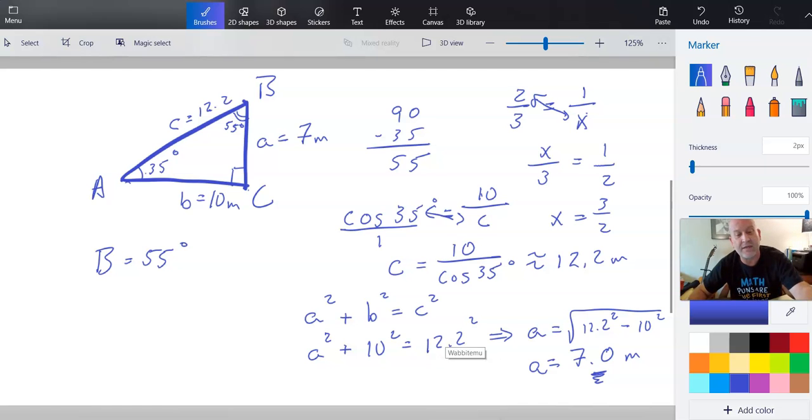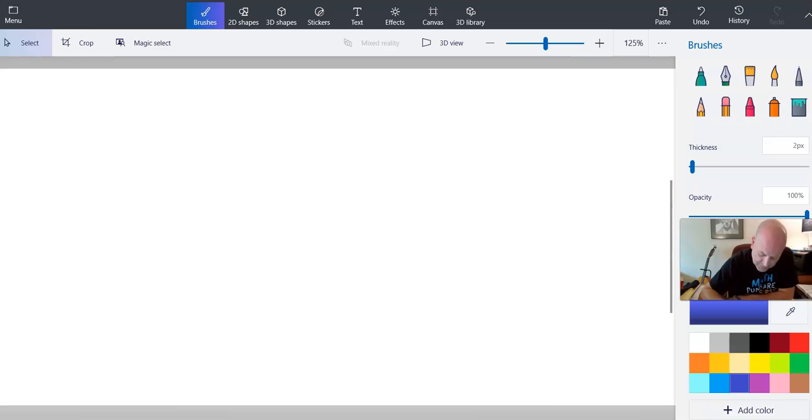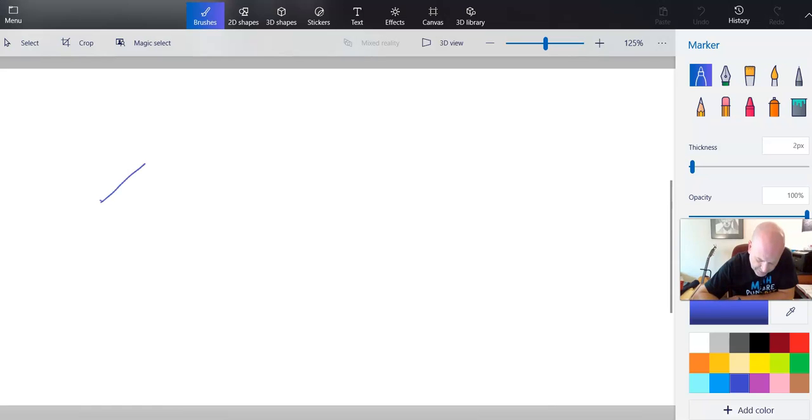All right, so let's go ahead and take a look at the next one. We'll expand this a little bit. Okay, so let's look at a little more complicated case. So let's say this is our triangle here. We'll say this is 500 meters.